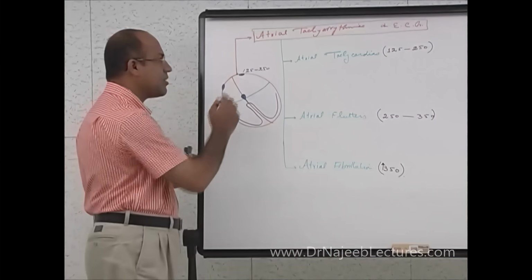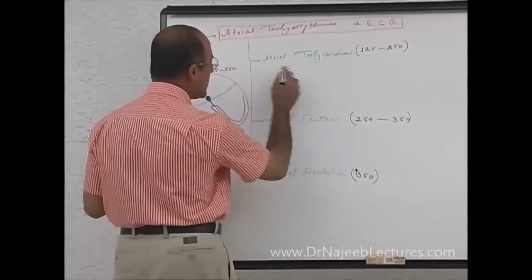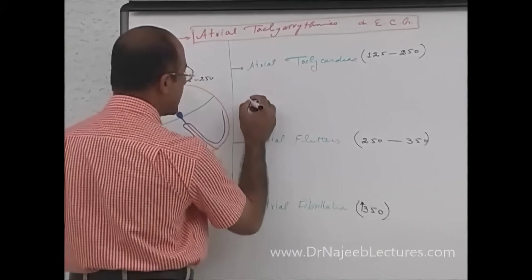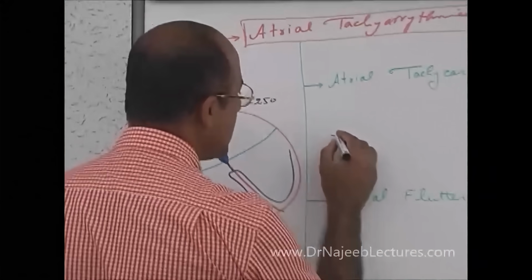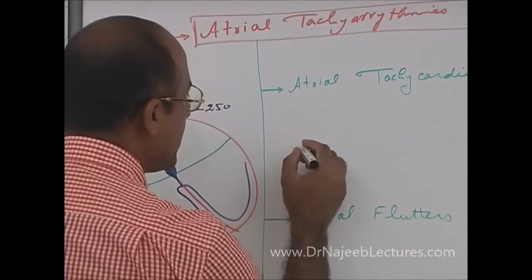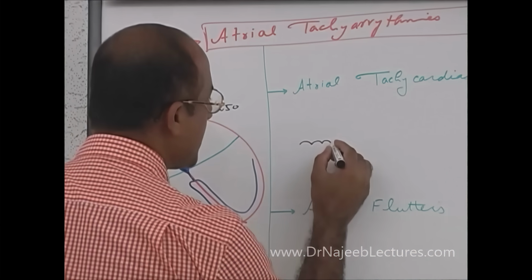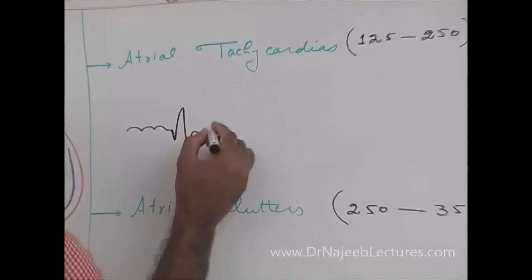Now, all these things are produced when the atria are abnormally irritated or there is a re-entry phenomenon. If you look at the ECG pattern in atrial tachycardias, you can see well-defined multiple P waves. After those P waves, you may find a QRST complex.